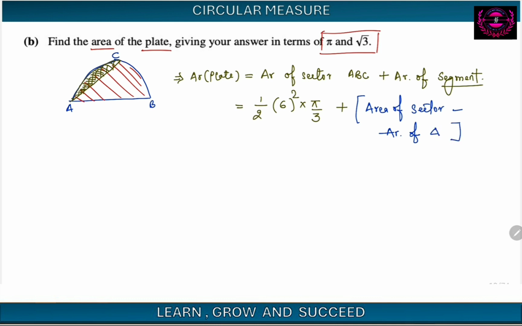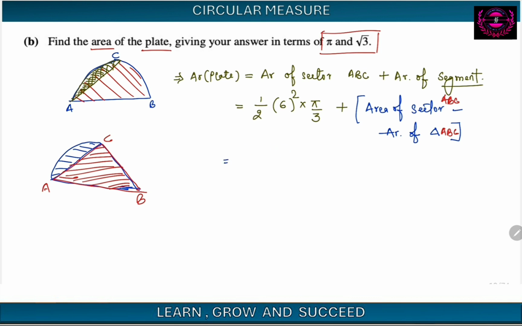If you want to find area of this segment, let me draw a diagram again. First you will find area of the whole sector, and then you will subtract area of triangle ABC.